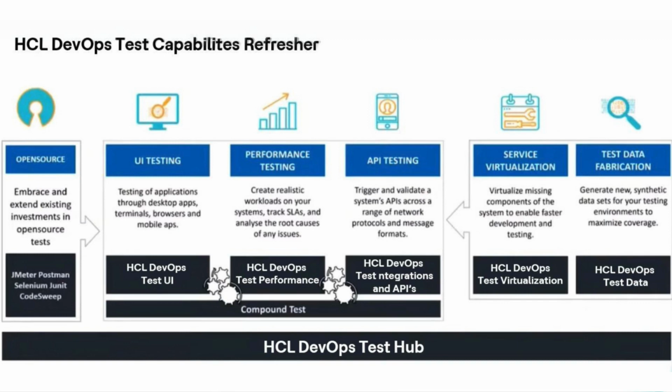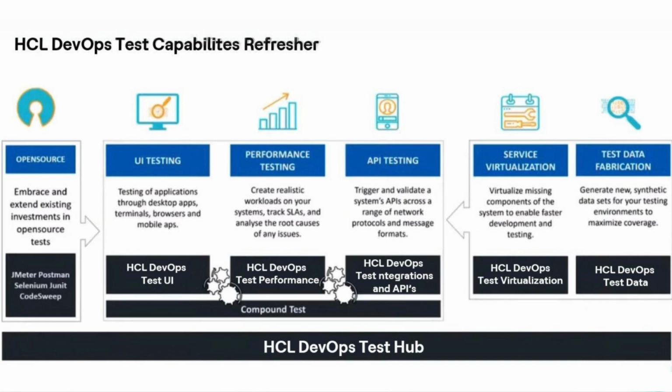As soon as you are considering testing your application through its UI, then HCL One Test UI is the component dedicated for this. So you can test browsers, apps, and all that sort of thing, even mainframe, as I say. Associated with this is API testing.